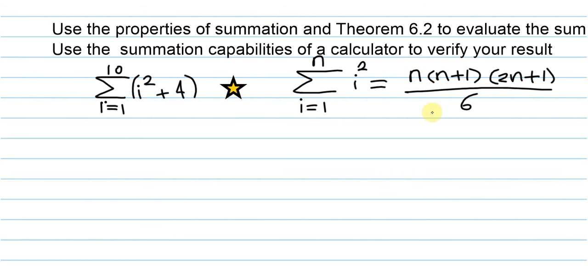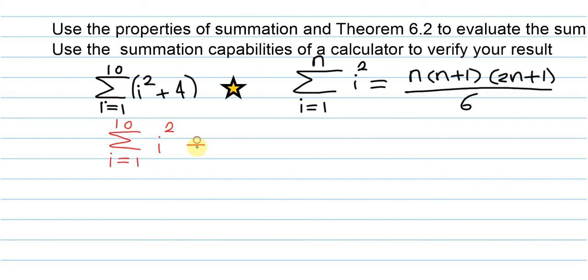So, we are going to substitute this formula to find sigma i squared. But what about the 4? Again, we will divide our problem into two portions: sigma i squared from i equal 1 to 10 plus sigma 4 from i equal 1 to 10. Let's calculate the first one first, sigma i squared from i equal 1 to 10.